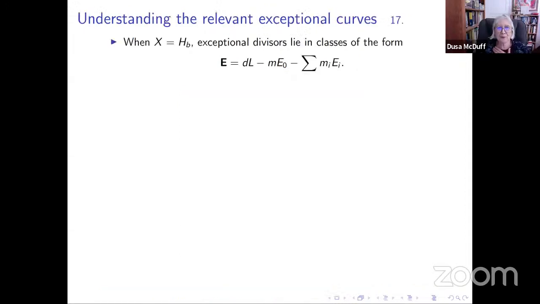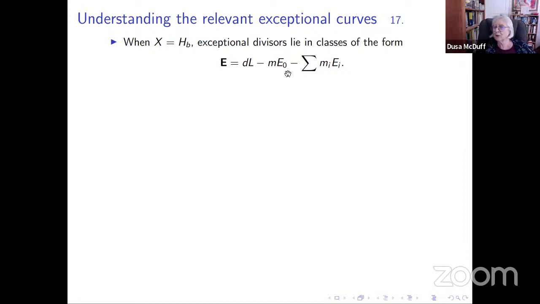I could tell you a little bit more about this, and I'm not quite sure how much time there is, but anyway, let me say a little bit more about how we prove this and what the relevant exceptional classes are. We're working in the blowup of CP2, so we're looking at homology classes. This is D times the line, that's the degree of our curve.